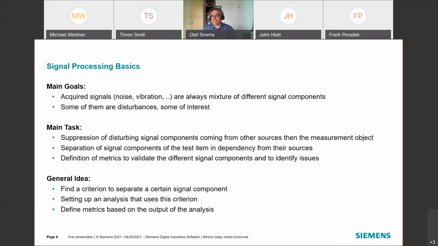The criteria are a little bit more complicated, and therefore also the signal processing methods are not so easy. Therefore we have to find the right analysis, then set the parameters in the right way so that it uses the criterion. And then we use the output of this analysis for defining the metrics. That's the way how we do it.